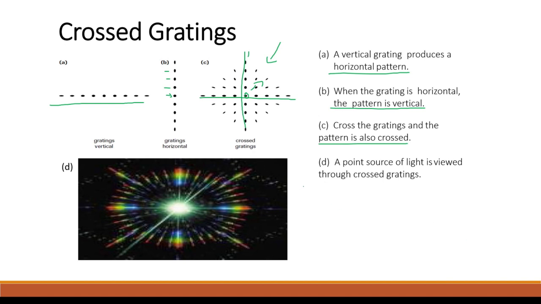In actuality, a point source of light viewed through cross gratings looks like this. You can see how these two resemble each other. You have this bright central maximum, and we have sharpness here and here, here and here, and along the diagonals.